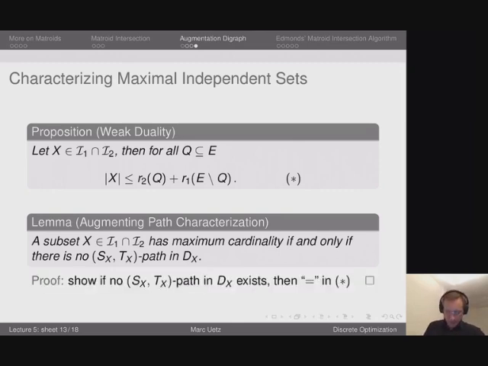Well, we show that if there exists no such augmenting path anymore, then we achieve equality in this weak duality inequality here, and therefore, by this weak duality proposition, we have achieved optimality with respect to the size of X. More precisely, we are going to show that if there is no augmenting path in this directed graph anymore, for a given set X, we can actually construct a subset Q of the elements achieving equality here. And this is exactly what I'm going to do next.